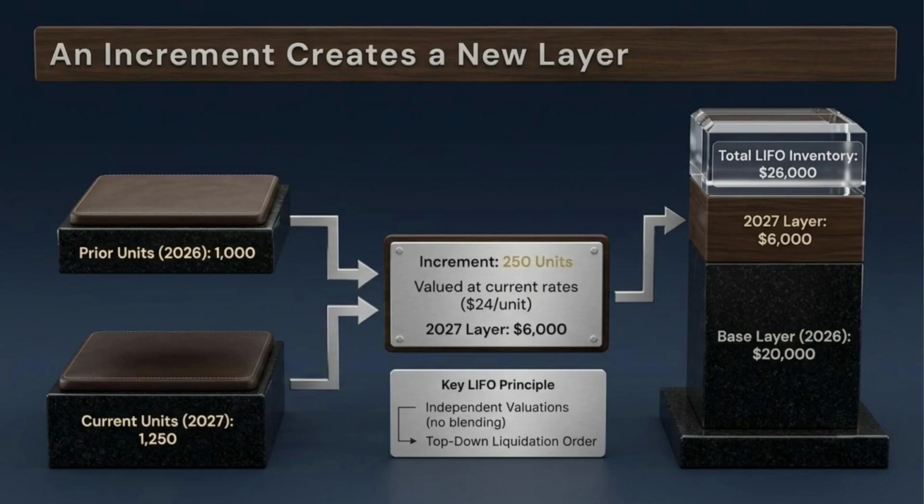The total LIFO inventory after 2027 is the base layer of $20,000 plus the new layer of $6,000, giving $26,000. Each layer keeps the cost level from the year it was created, so layers do not blend into one average number.